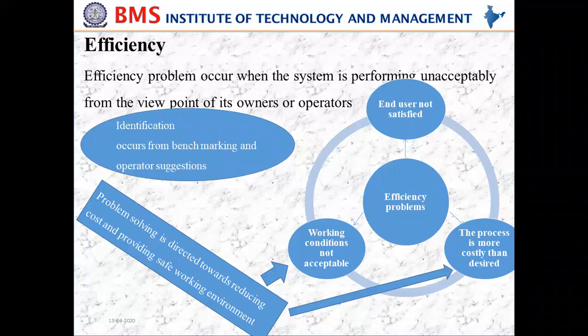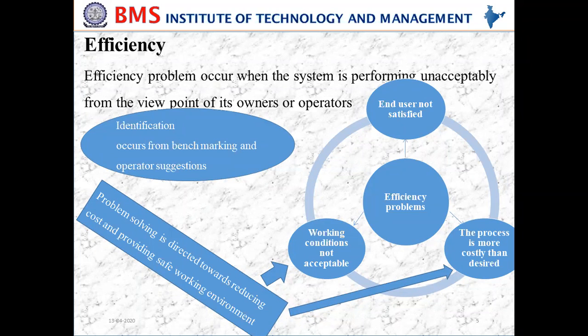And identification can happen from benchmarking and operator suggestions, because the operator operates the machine and knows how the process is carried out and what the problems in it are. So the operator may suggest that these are the problems you can take care of, so that you can improve the process efficiency. That is how identification can be done, from benchmarking as well as operator suggestions. So these are called efficiency problems.